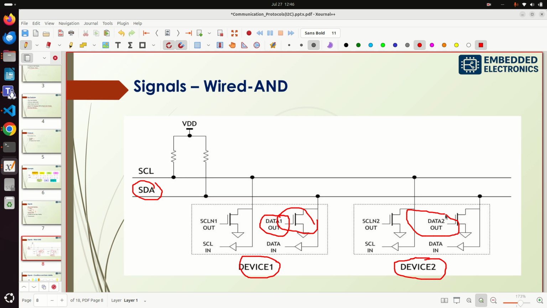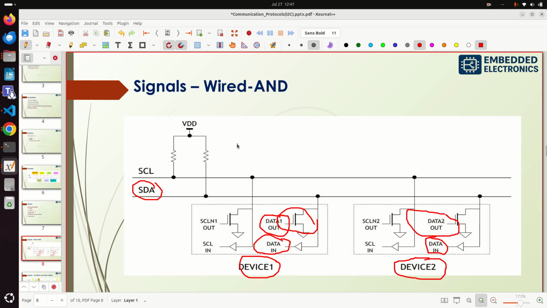Whenever you want to read, you can read at the data in. Device 2 also has data in, data 2 in. By using data in, you can read the SDA line, and whenever you want to write, you write it in the data out.